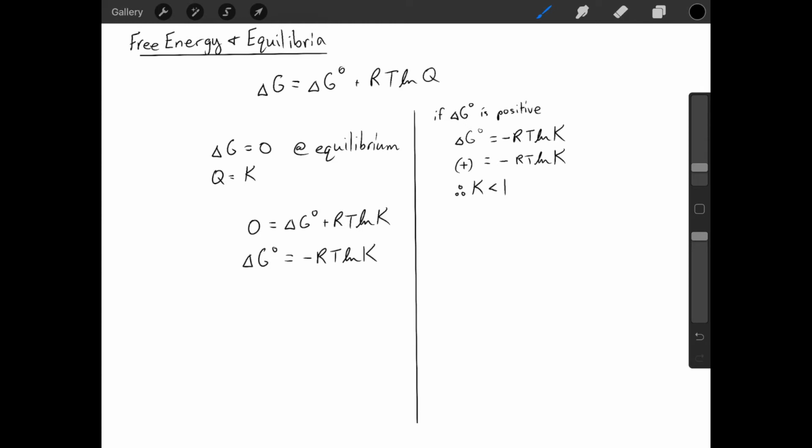And we can do the exact same kind of thing if delta G naught is negative. If delta G naught is negative, the forward reaction is spontaneous, and K is going to be greater than 1, and products are going to dominate.